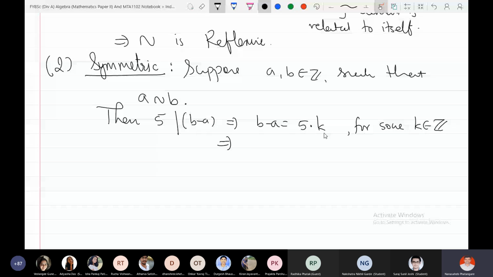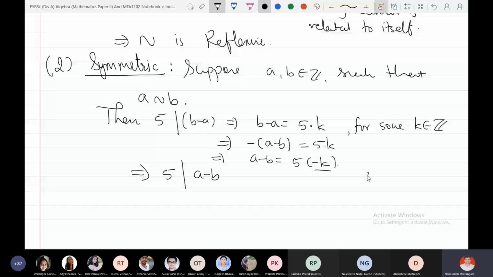So k is some integer, and therefore minus of a minus b is equal to 5k. That means a minus b is equal to 5 times minus k. What does it mean? 5 divides a minus b, because a minus b is 5 times some integer, and minus k is also an integer.